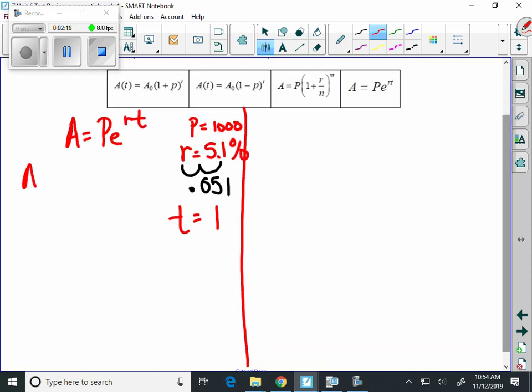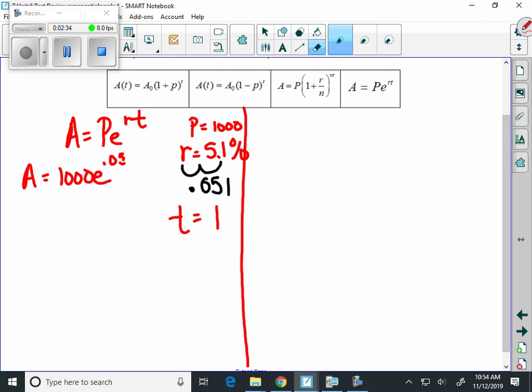So we're going to put those values back into the equation that we've written down. Our amount is going to be 1,000 times e, and remember that e is a value that we type into our calculator. It's an actual number. And then our r is to the 0.051 times 1.